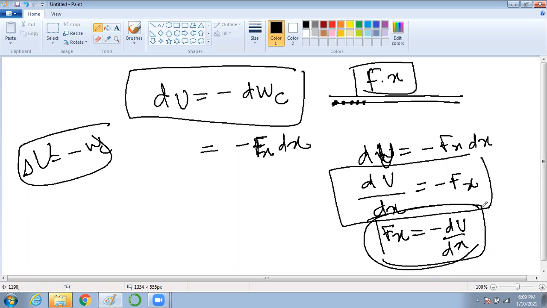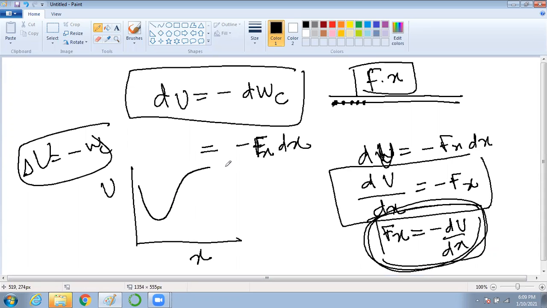So what do you mean by this? Your force is nothing but the negative slope of the U versus x curve. If U is changing like this as I increase distance: first decreasing, increasing, constant, again decreasing, again constant, again increasing.